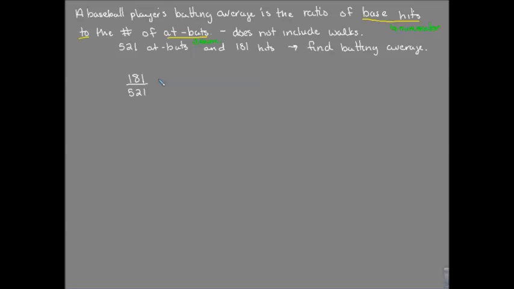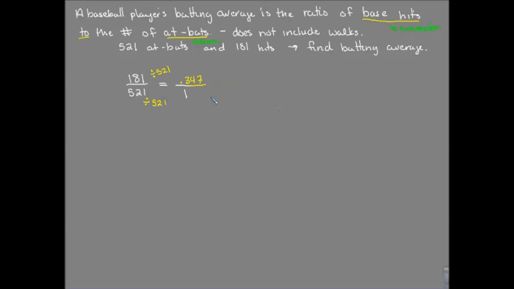And when we take a batting average, we're going to try to get this to equal 1. So in order to do that, we divide by 521. We're also going to divide the numerator by 521, which is going to give us a decimal as opposed to a whole number.